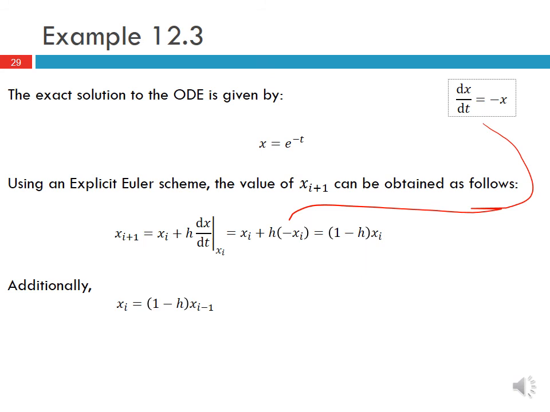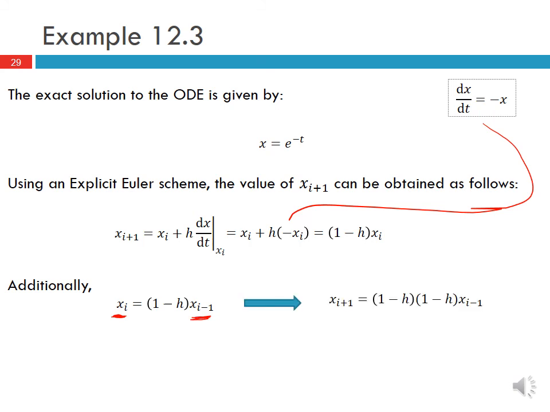And if we write this for x_i and relate that to x_{i-1}, then x_i is equal to 1 minus h times x_{i-1}. So basically every time, the next time step is equal to 1 minus h times the x at the previous time step.